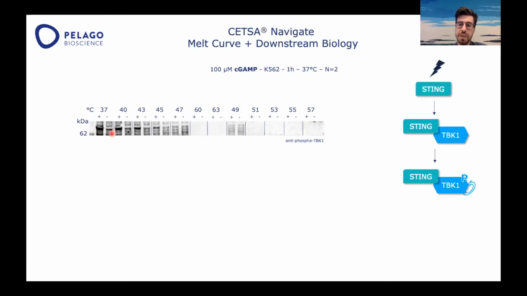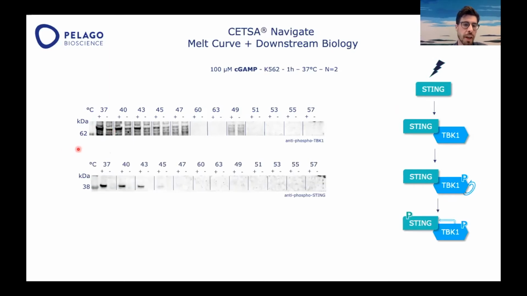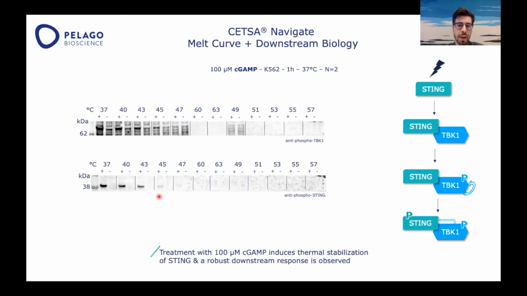Seeing this, we also would expect STING to be phosphorylated, and that is exactly what we see, and it's exclusive to the compound incubated sample. So we have not only observed the thermal stabilization of STING, but also could confirm the robust downstream biological response that is induced upon target engagement.